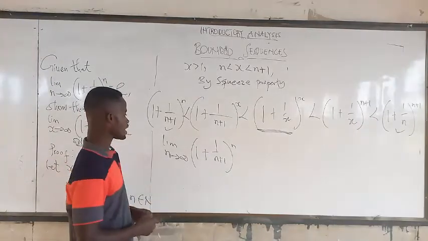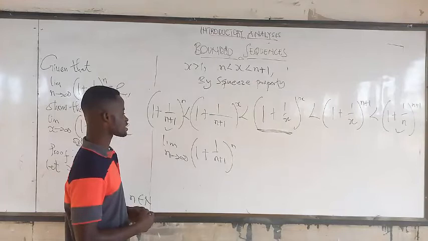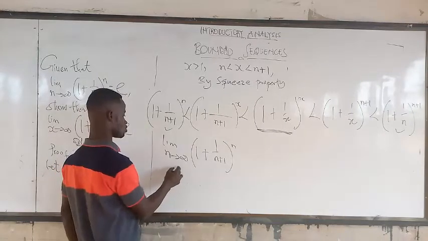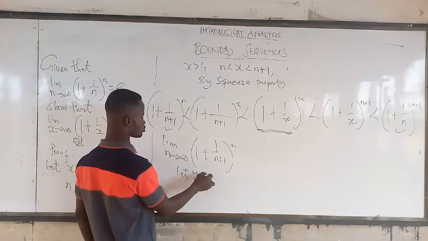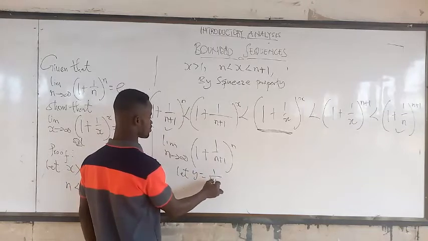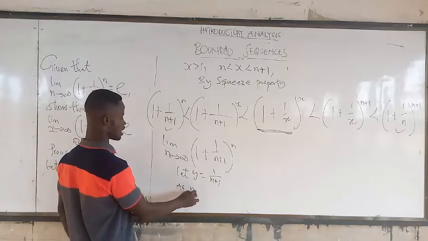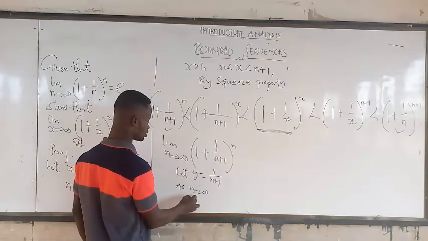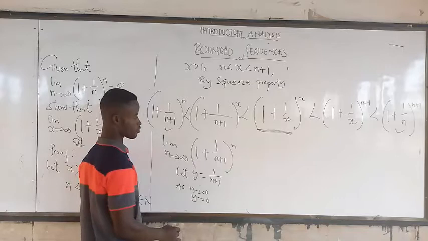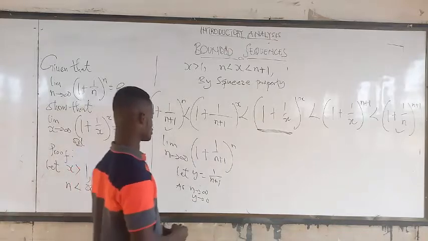So looking at this, we can let y be equal to 1 over n plus 1. So as n approaches infinity, y approaches 0. How can we see that?